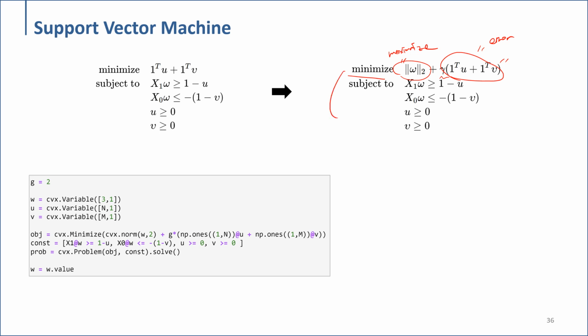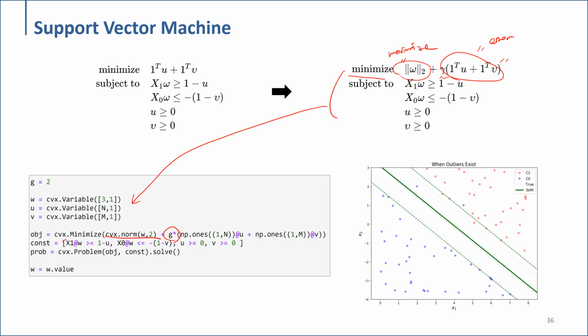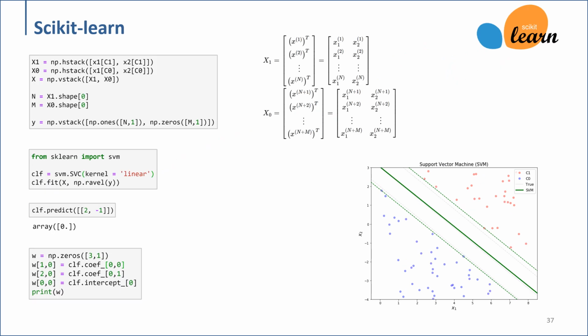When you put this optimization problem in CVXPY with a gamma, the result clearly shows that the decision boundary with the maximized margin can be found. Of course, there are some outliers, but we can think that this is a reasonable and very good approximation of the decision boundary. And as we learned scikit-learn, we can also implement this SVM using scikit-learn.